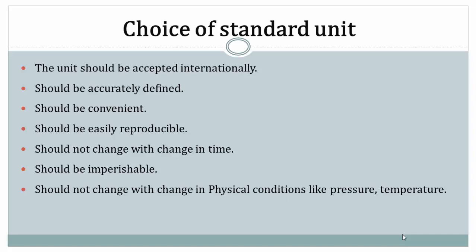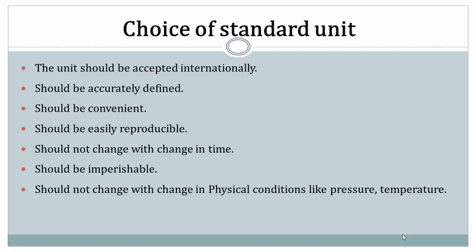Second one, the unit should be accurately defined and it should be meaningful. Third one, a unit must be convenient in order to use it. Fourth one, the unit must be easily reproducible or it can be easily copied.